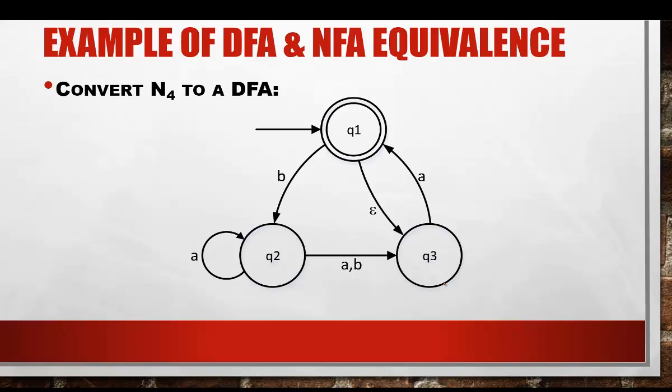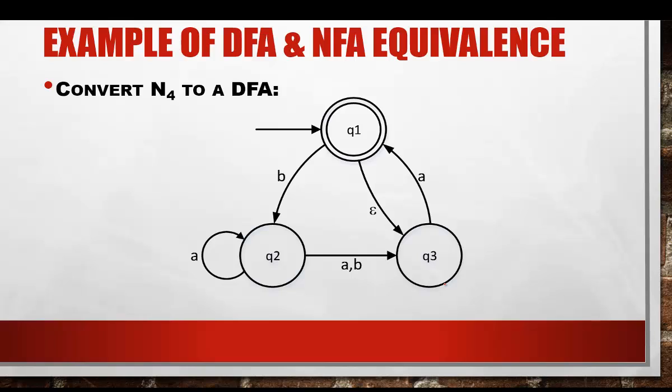And before we go to the closure properties of regular operations, which we will actually show in the next unit, I would like to show you a conversion process, as a result of our theorem of the equivalence of NFAs and DFAs. We take the NFA N sub 4 that we saw earlier.